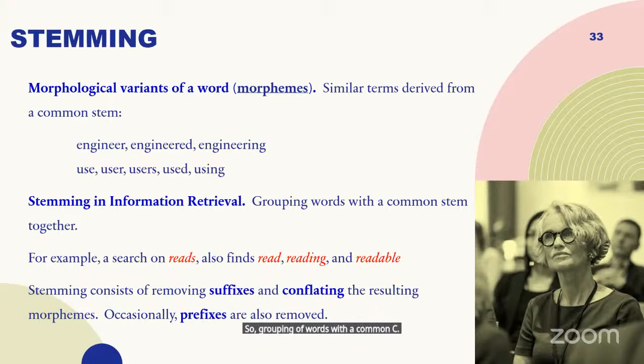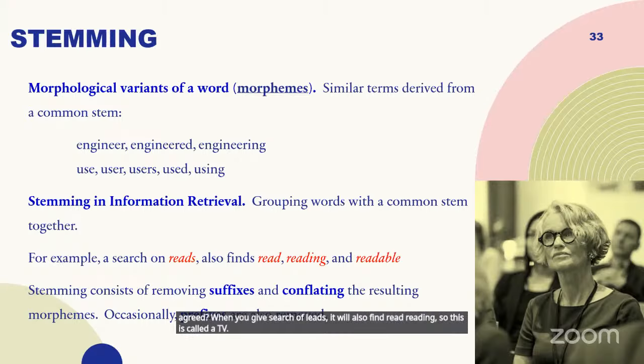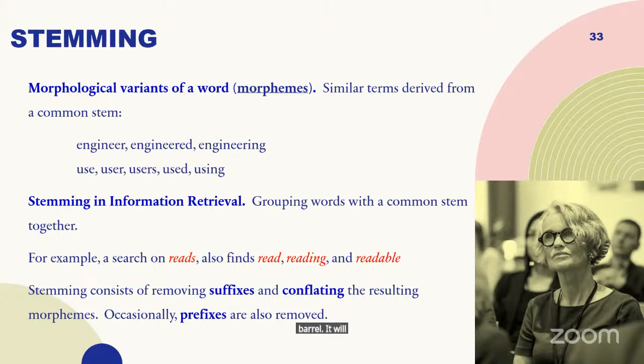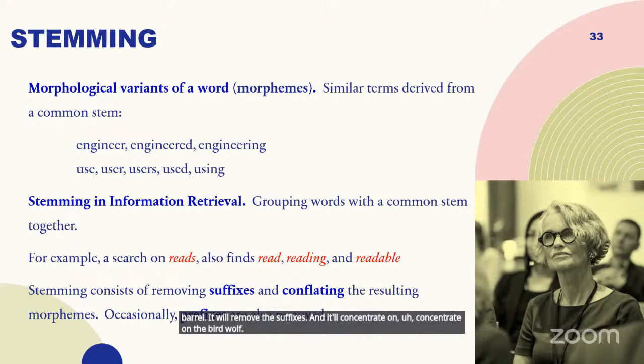For example, on screen we have reads. When you search for reads, it will also find read, reading, readable. So this is called stemming, wherein it will remove the suffixes and concentrate on the word stem alone.